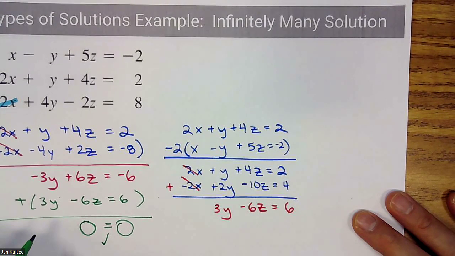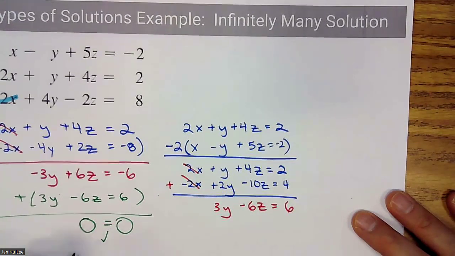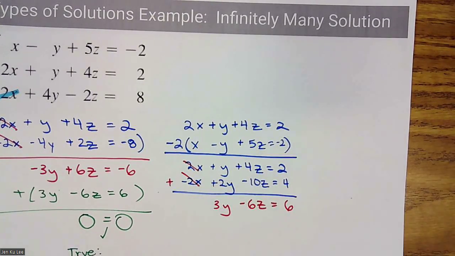This is what we do, okay? Ready? If you end up with a true statement, right? It's infinitely many solutions, yes, but we have to solve for x and y in terms of z, okay?